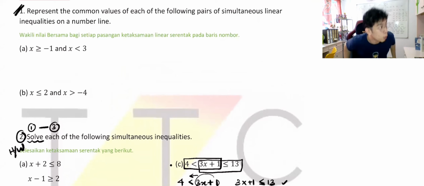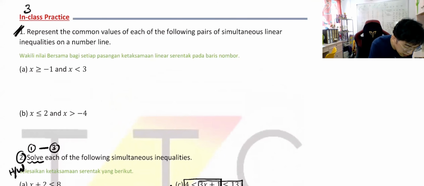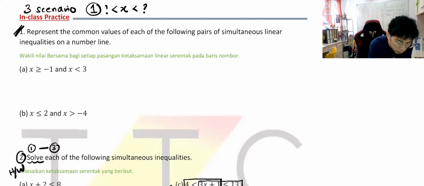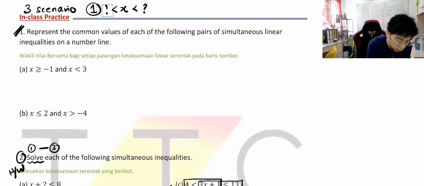We now have to know the three different scenarios, and we already managed to understand the first scenario, where the situation is like this one. Sometimes you might get a line there, it depends. The first scenario is when your number line shows something like this.